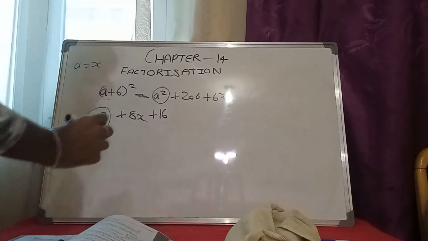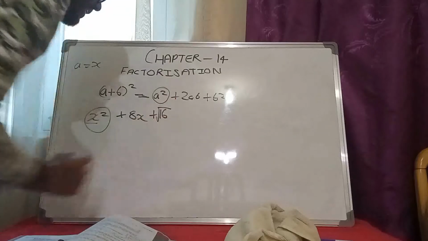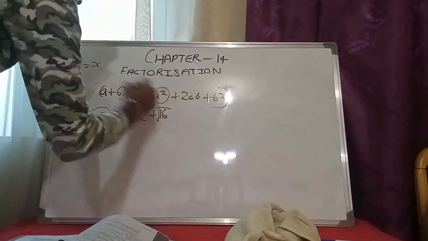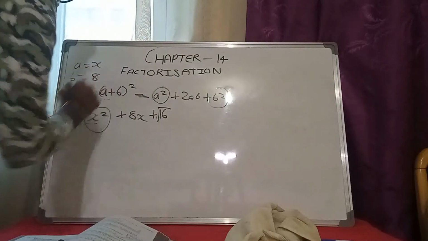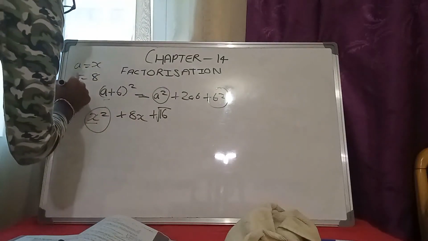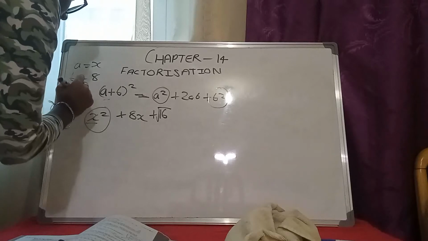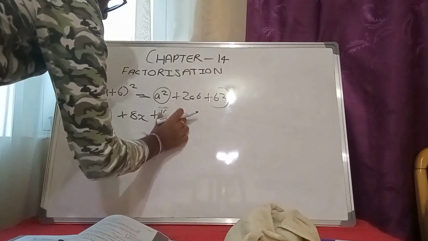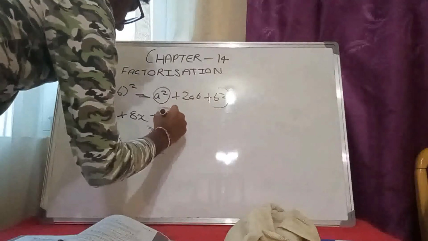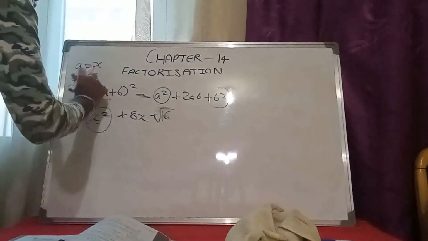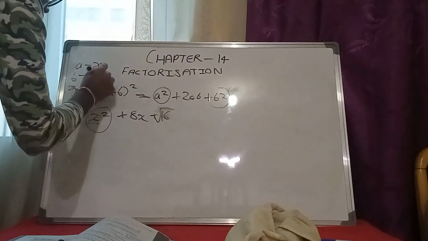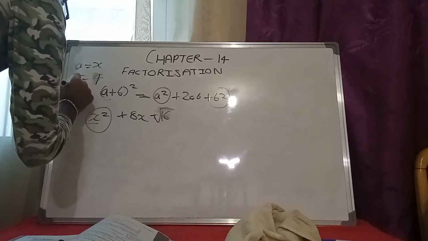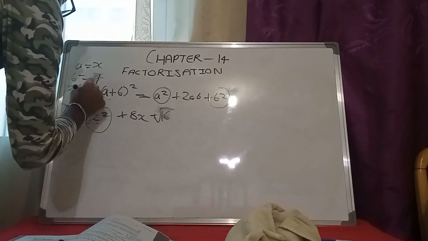Now what is b? b will be the square root of 16, because here we can see it is b square. Sorry, the square root of 16 is 4, so b will be taken as 4. And 8x means 2 into x into 4, which is equal to 8x.